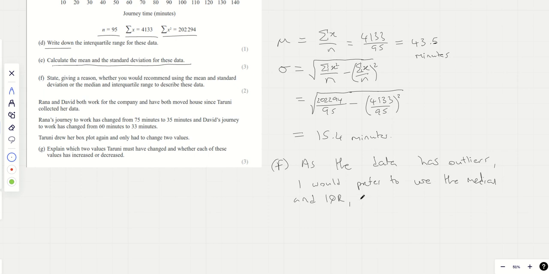So as the mean and standard deviation are more affected by rogue pieces of data, let's call them rogue pieces of data, or just by one or two extreme items of data.